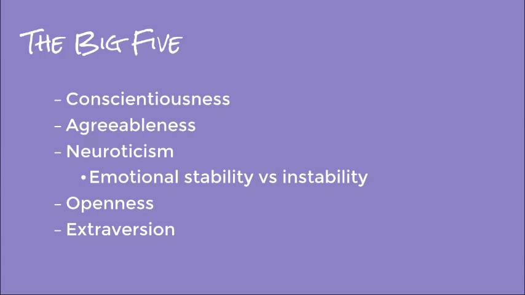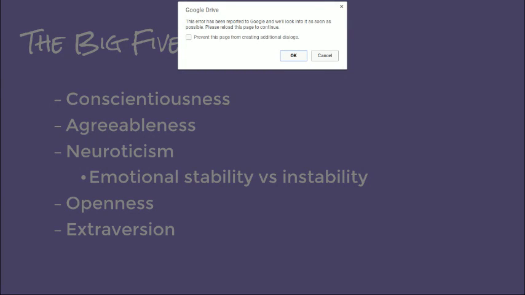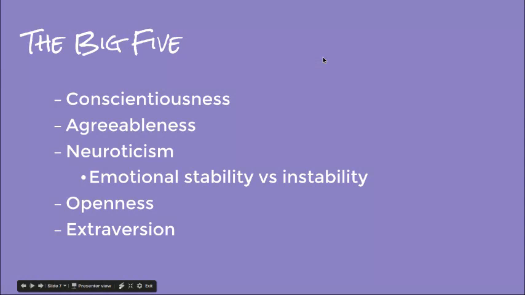Conscientiousness is just that, how conscientious you are. How much do you take care of business, and how quickly do you do that? Agreeableness is your ability to be open to different things, open to new ideas, open to trying out various things in different situations. How agreeable are you? Your neuroticism has to do with your emotional stability or your emotional instability.